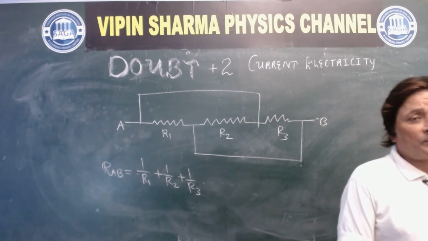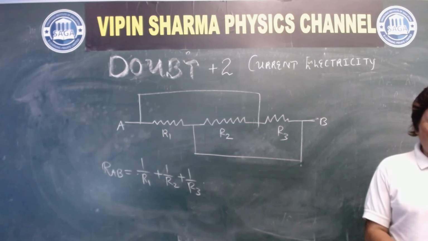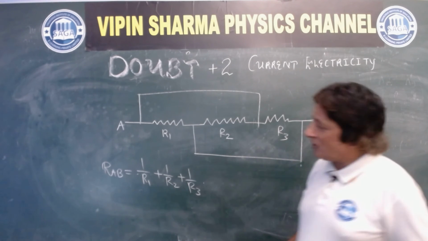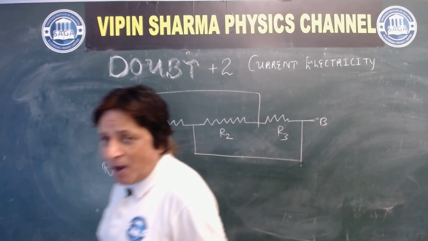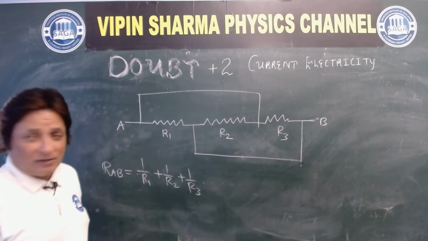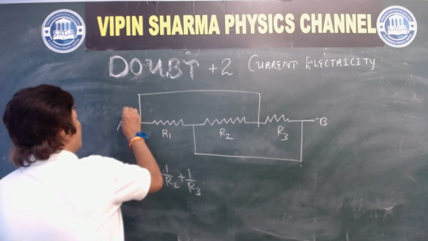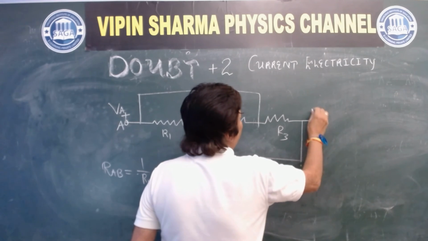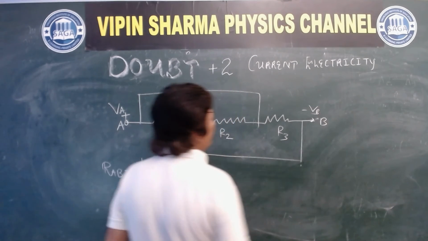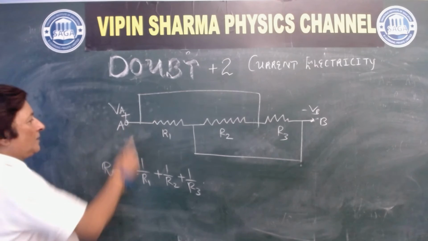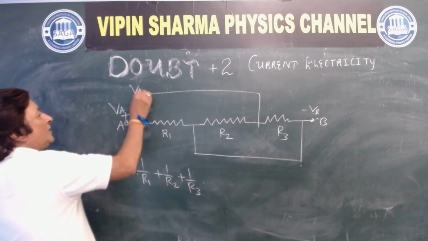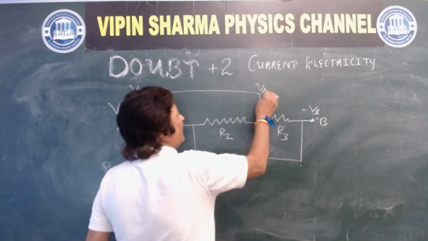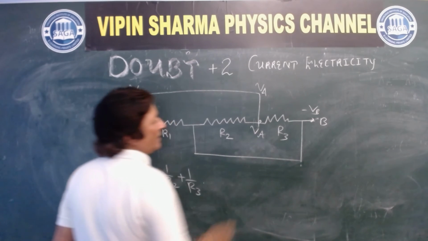Well, students, to understand this, we do one thing. We imagine a battery. This is connected to the positive terminal, this is VA. This is connected to the negative terminal, obviously this is VB. Now this is VA, so the potential of this wire will also be VA, and this will also be VA.